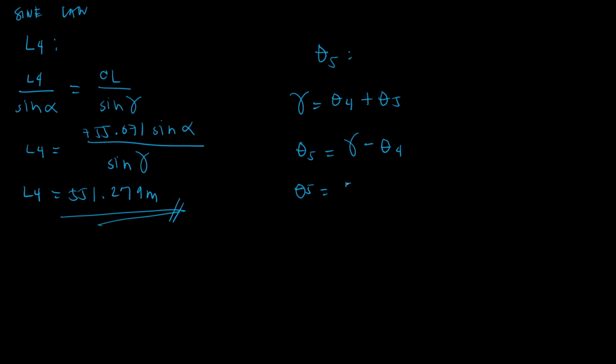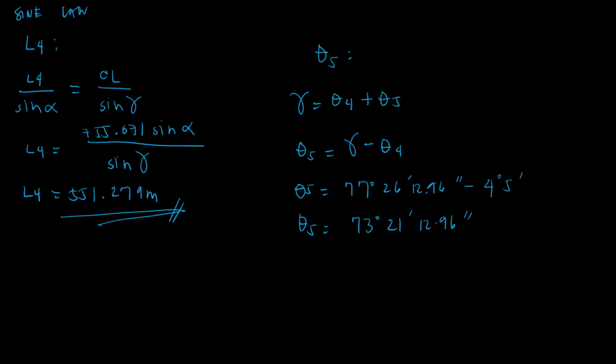So, 77 degrees, 26 minutes, 12.96 seconds minus yung theta 4 natin na 4 degrees and 5 minutes. So, yung theta 5 natin, so that is 73 degrees at 21 minutes, 12.96 seconds.